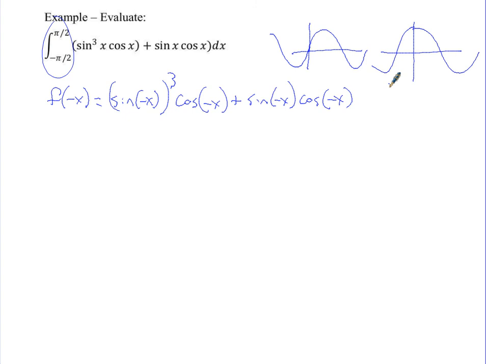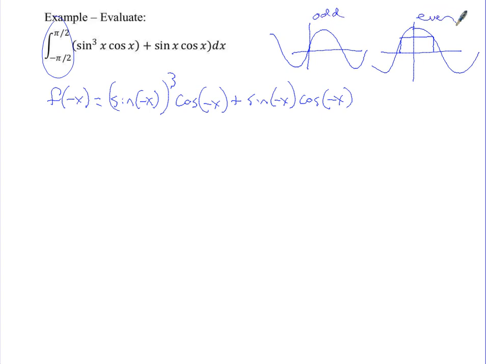Okay, so if cosine is even, then when I plug in a negative x, then I'll wind up with the same y value, right? So negative cosine x is the same as cosine negative x. So this is odd, this is even.